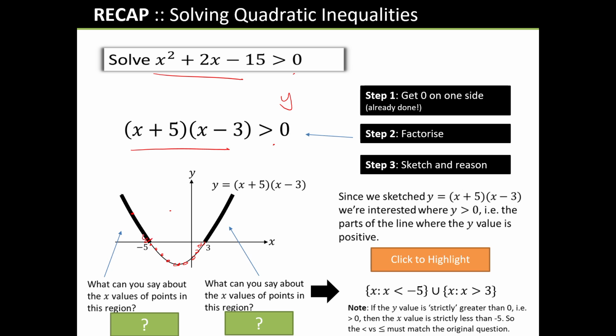Sorry, I said greater than 0. So greater than 0 is these bits, okay? But then it's our convention that when we answer it, we can't just say, oh yeah, it's these bits. We answer it in terms of the x values, or the critical values. So you should be saying it's to the left of -5 and it's to the right of 3. And this is the set notation way of doing that. Okay?